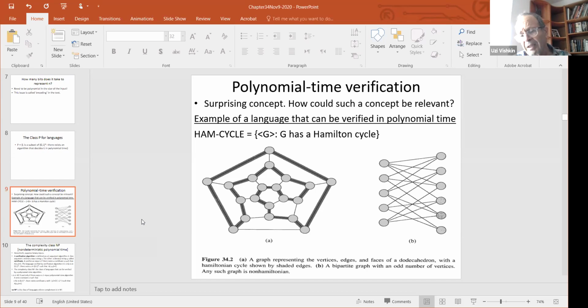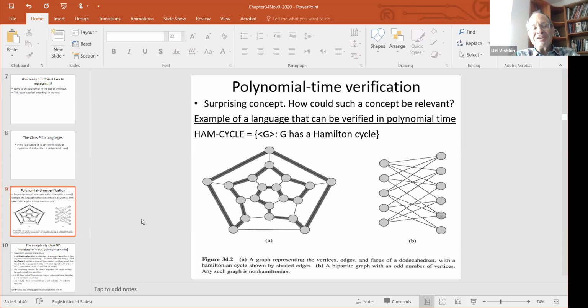And in my mind, it may be even the most surprising concept to learn in a course which focuses on algorithms mostly, because it will be a concept which looks like the mother of all useless concepts. How can such an argument and such a concept be useful is really mind-boggling, but it is useful, I can tell you. But it's really funny.